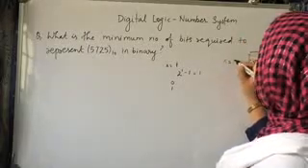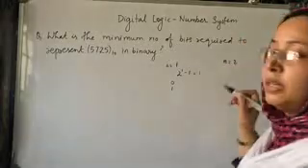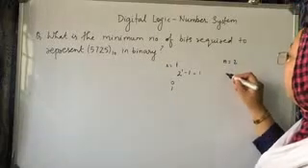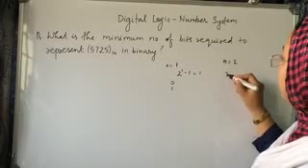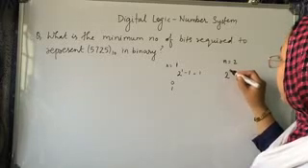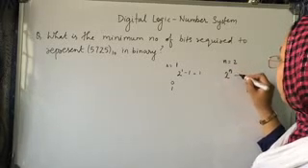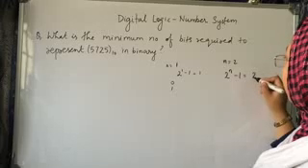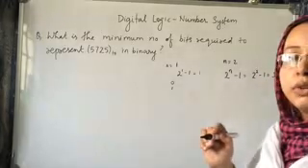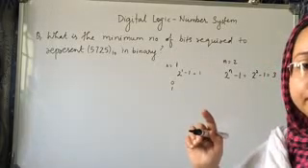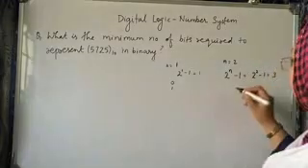If n is equal to 2, meaning the number of bits is 2, then what will be the largest number? It will be 2 to the power of 2 minus 1, which is 3. How?